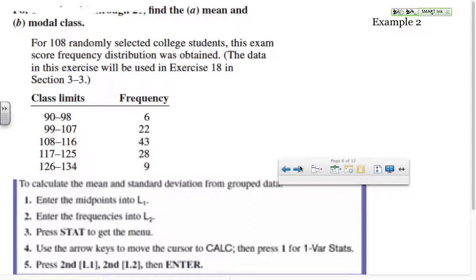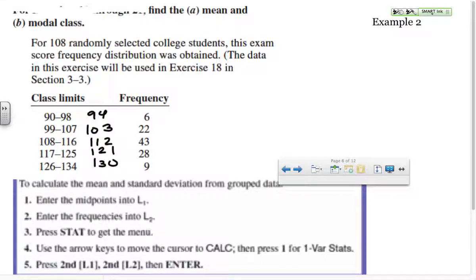We did do midpoints in section 1.2, I think, when we were doing frequency distribution. So to find the midpoint of each of these, you add up the minimum and the maximum of each class and divide by 2. So this one is 94, 103, 112, 121, and 130. Okay.